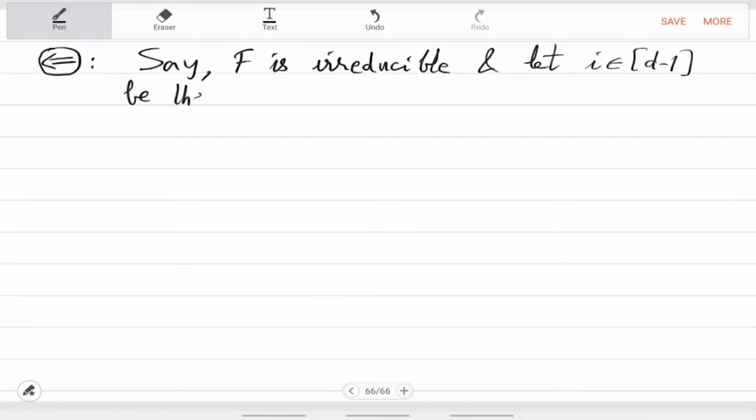And let i be the least number such that the GCD of these two polynomials is not 1.